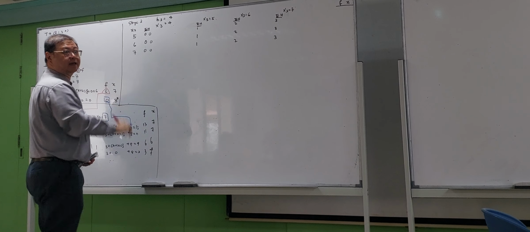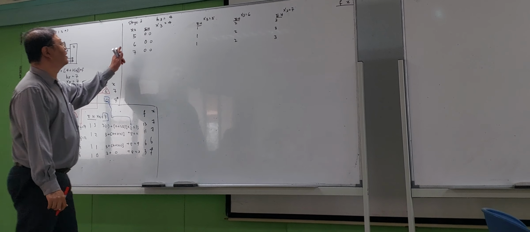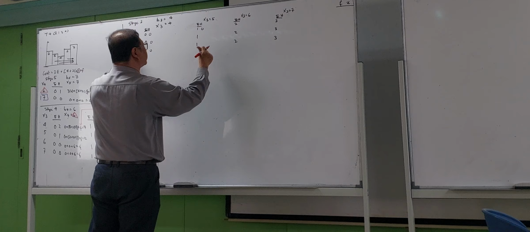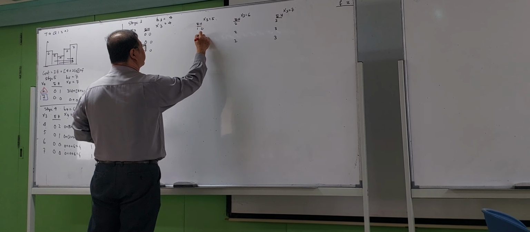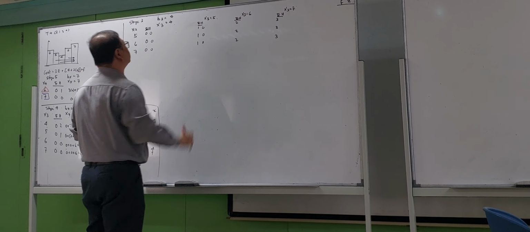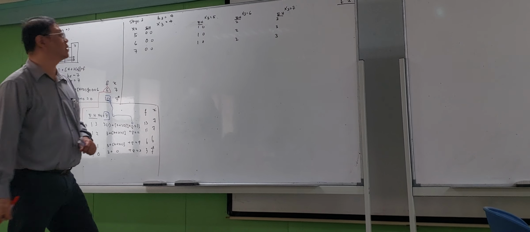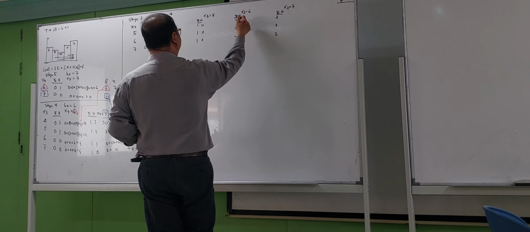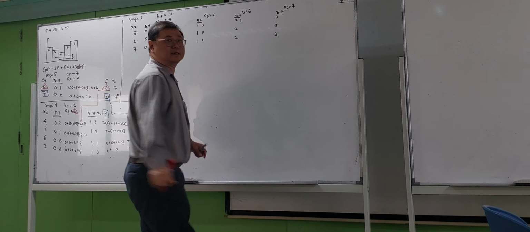So you're not hiring. Okay? So 5 to 5, you're not hiring. From 6 workers to 5 workers, you're actually firing 1. From 7 workers to 5 workers, you're firing 2.